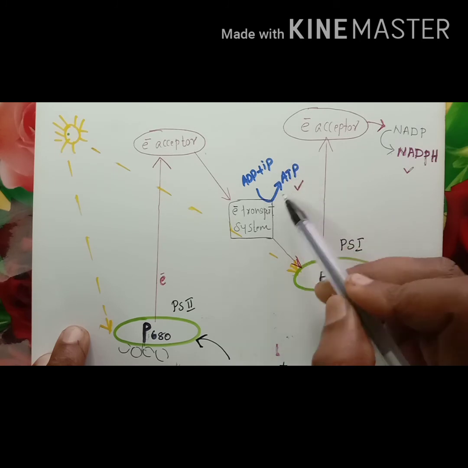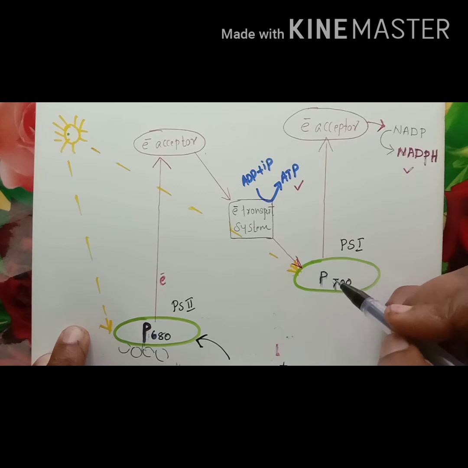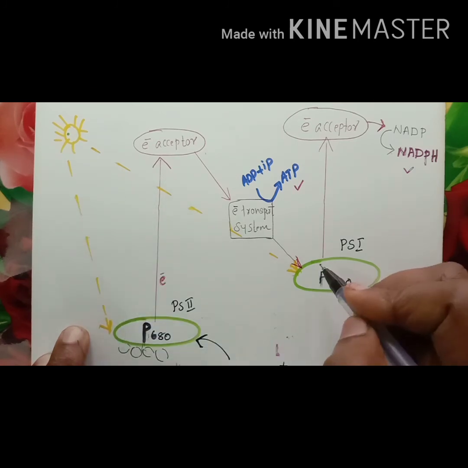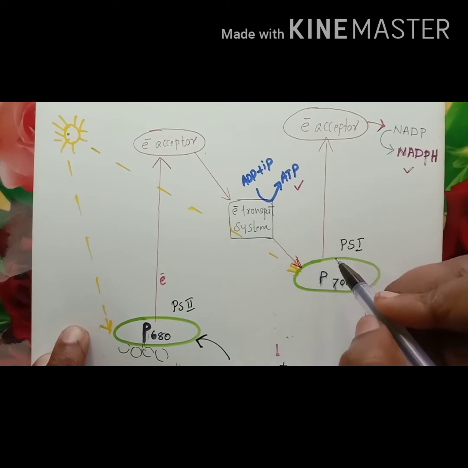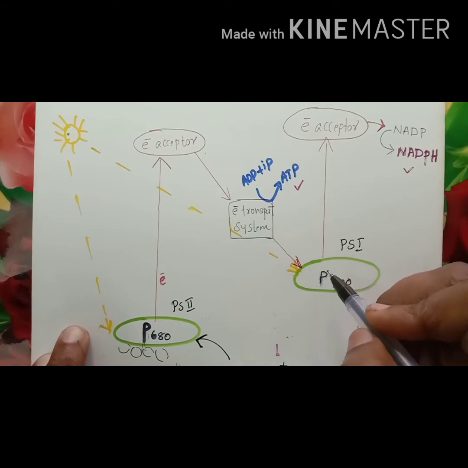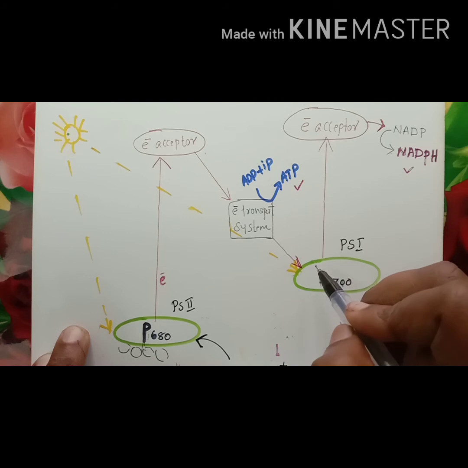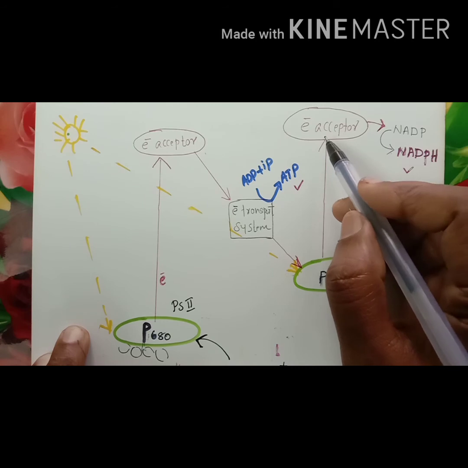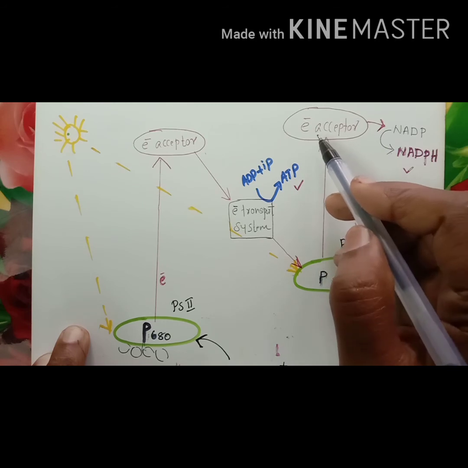ATP is released. And from this pigment system 1, now we can see the electron here. Pigment system 1 also becomes excited because it is also getting energy from sunlight. So the electron again jumps upward, because the electron cannot remain there when energy is present. With the help of that energy, the same electron moves upward and is accepted by another electron acceptor.